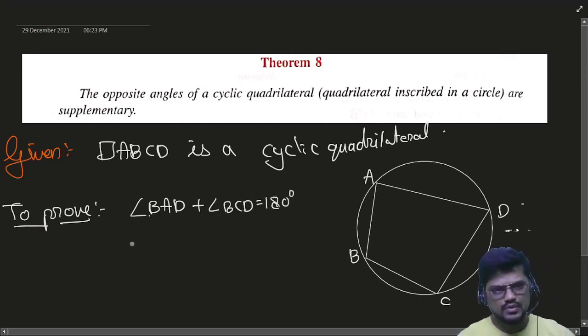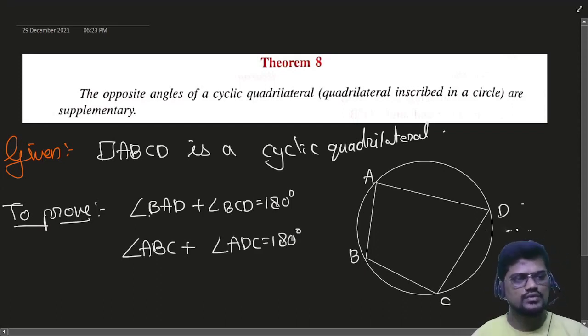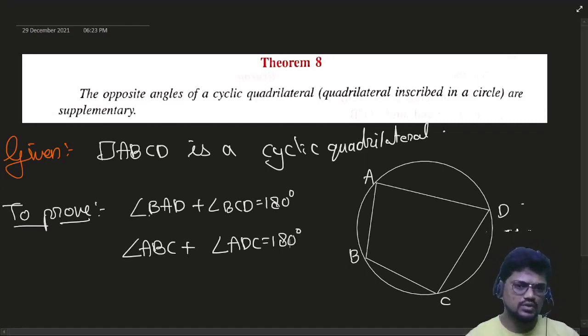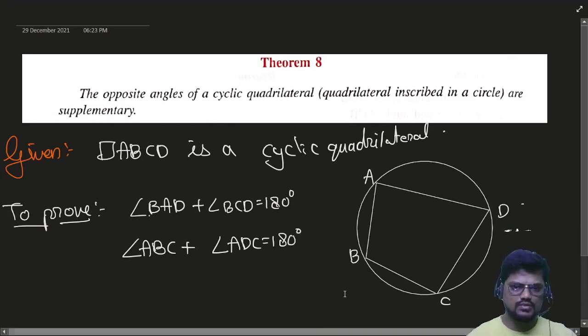Also, you can prove angle ABC plus angle ADC equals 180 degrees. You need to prove any one of them because the opposite angles of a cyclic quadrilateral are supplementary. Now, how can we prove this?